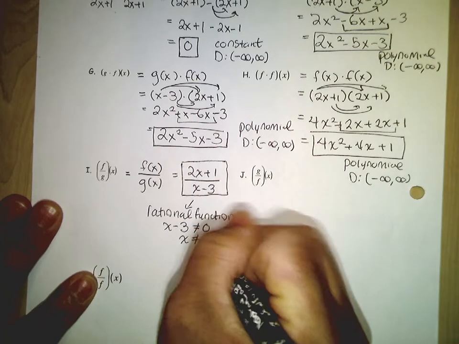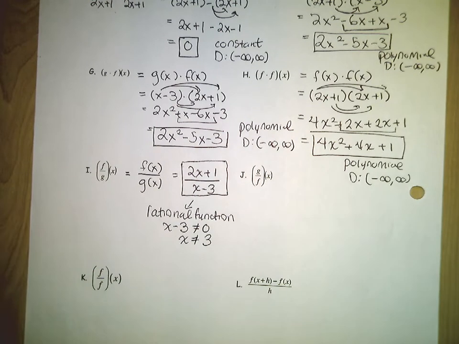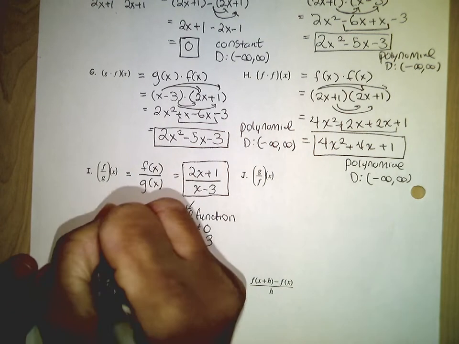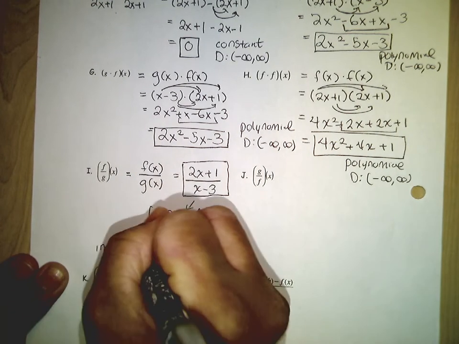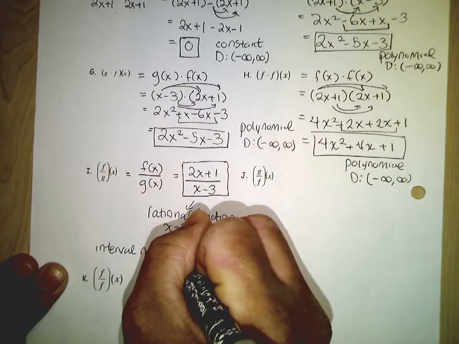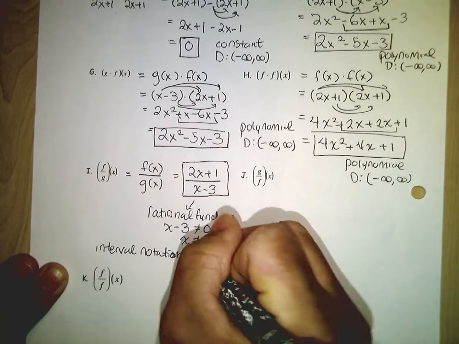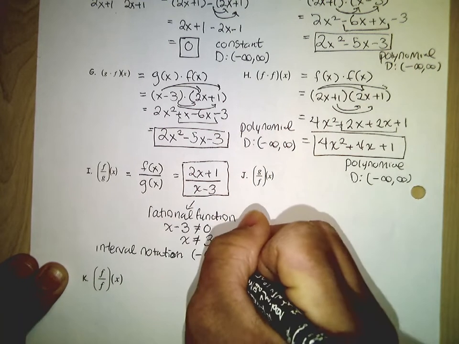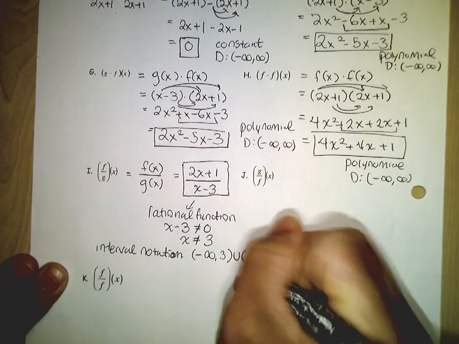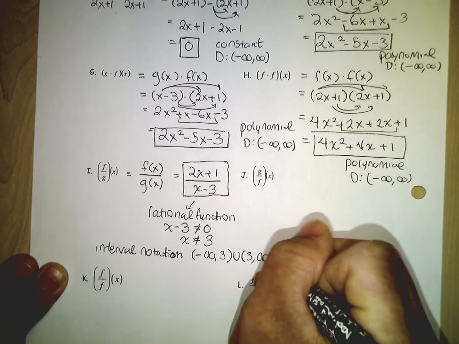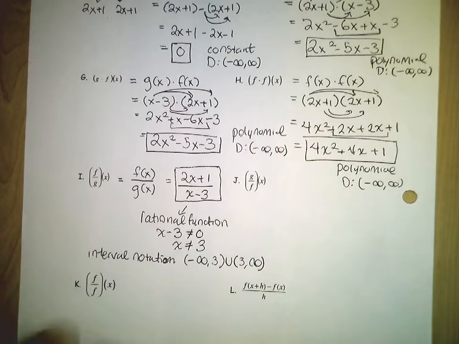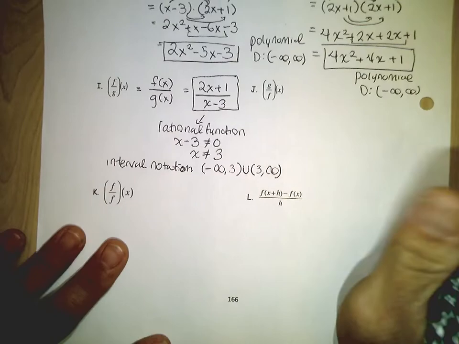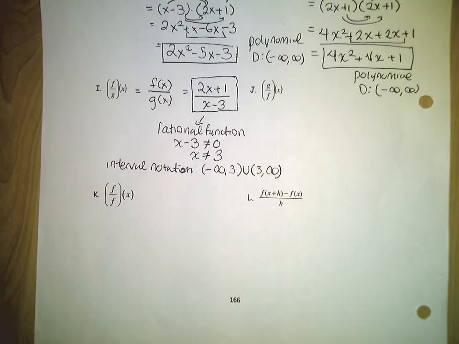So x cannot equal 3. All right, when we add the 3 here, that means that in interval notation, the domain is negative infinity to 3, or 3 to infinity. So please try to make sure that you write the domains out correctly for these rational functions here.